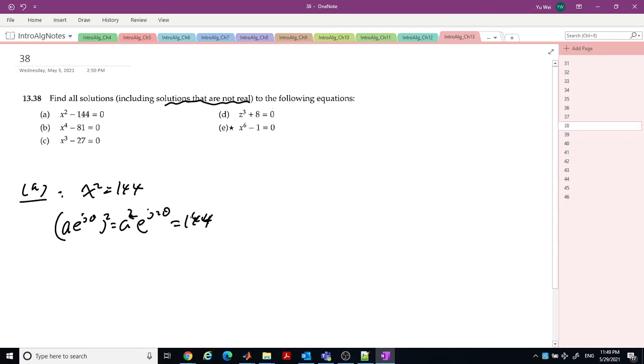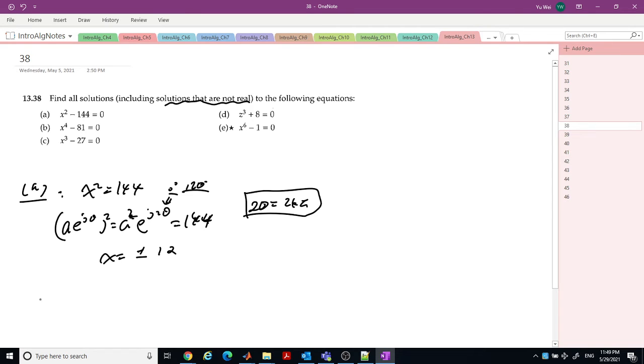So here you can see theta can be 0 degrees and 180 degrees, right? Because you need 2 theta equals 2kπ, a multiple of 360 degrees. So that's why x equals plus minus 12.